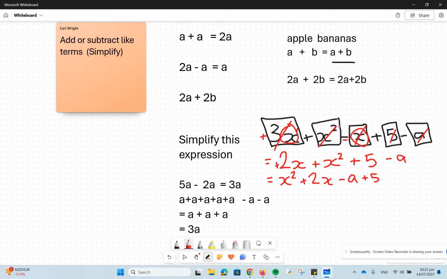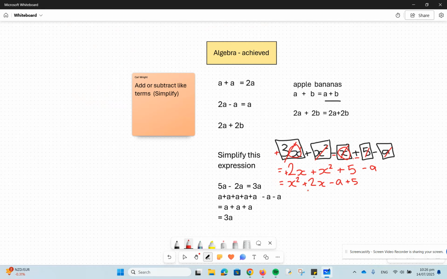You could even do what I've done, put them in boxes with the operators, the plus and minus, in between, then go along and work out which ones you can add or subtract, write them down, simplify them, put them in a nice order, and that would be your answer. Okay, so anyway, that is adding and subtracting like terms. Hopefully that makes sense.